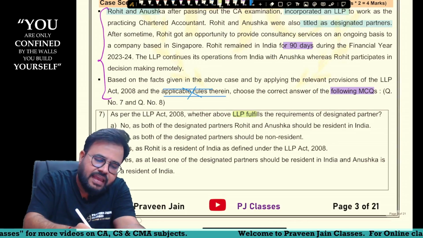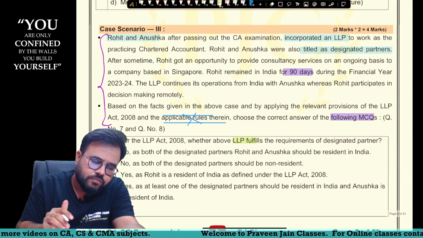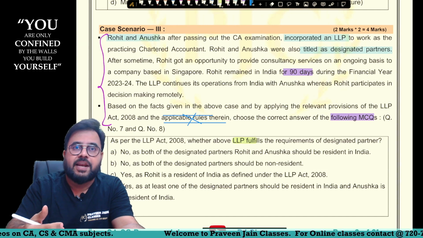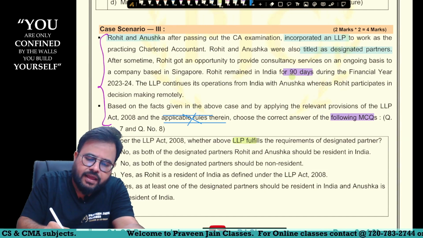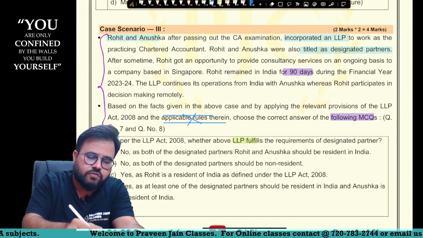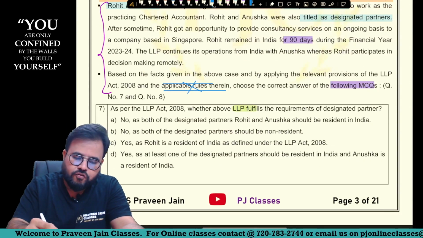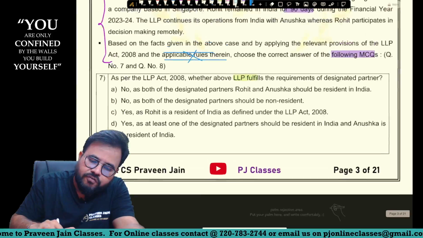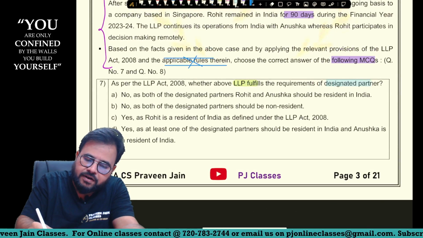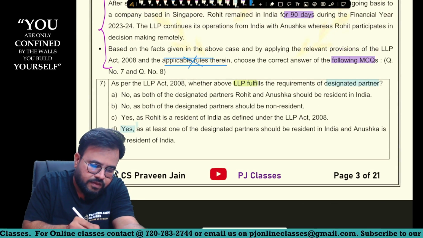So even though Mr. Rohit is working remotely, he is not a resident in India, still that is allowed because Anushka is living in India. So whether the LLP fulfills the requirements of designated partner? Answer is yes. Yes.